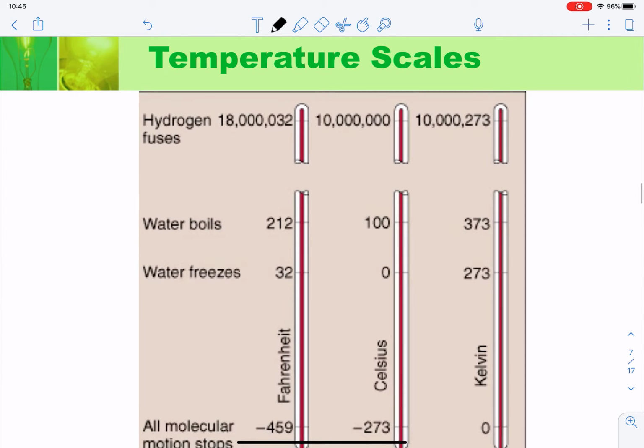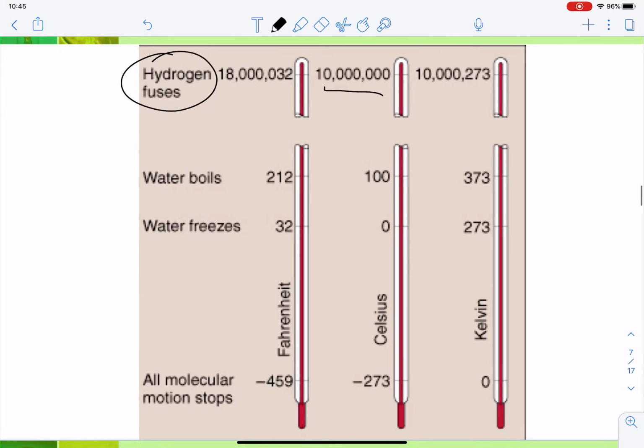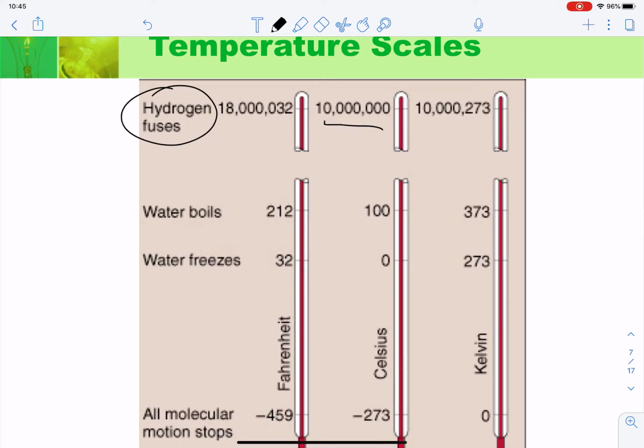So looking at some temperature scales, if we look at this top part here, hydrogen fuses at temperatures around 10 million, right? That's clearly a temperature we don't have on Earth. And this takes place in stars.